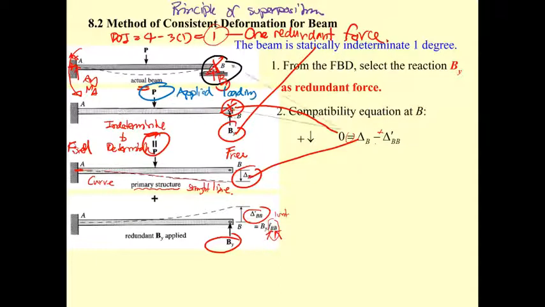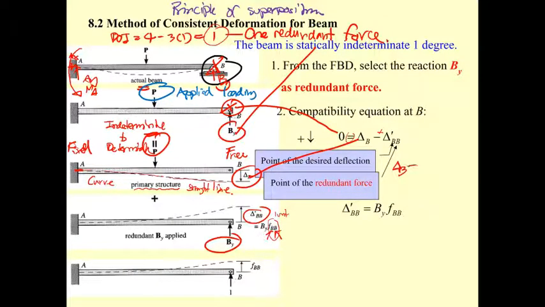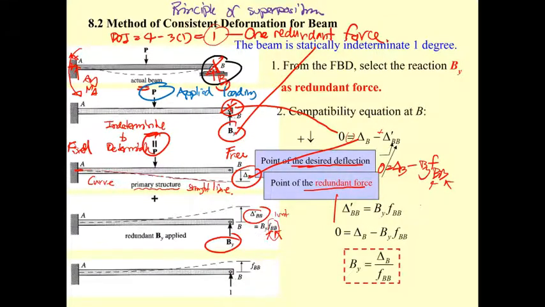Then we redraw this into this equation: 0 equals delta sub B minus B sub y times f sub BB, where f sub BB is the deflection at B due to the unit force at B. Put this into the equation and the B sub y is over here.